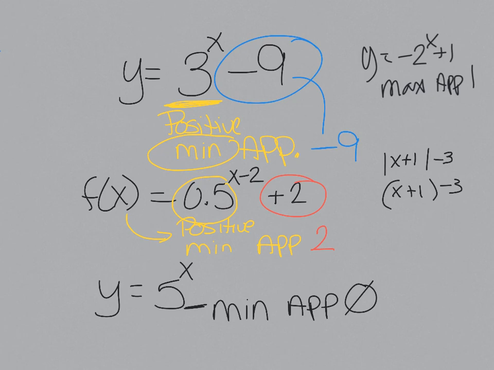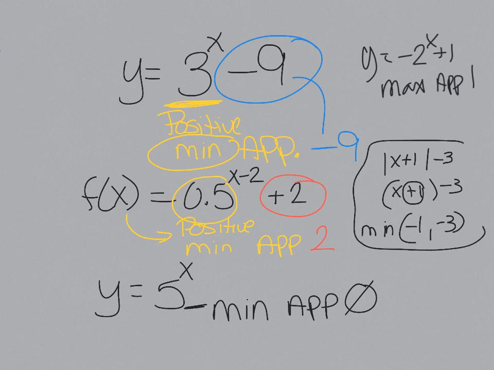They would have the exact same thing. Your vertex would be the opposite, -1, and this, -3. And since it's positive, it's going upward, so you'd have a minimum. So absolute value and quadratic work the exact same way. It's just they look a little different.